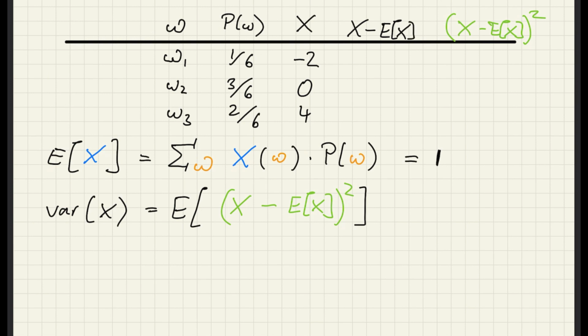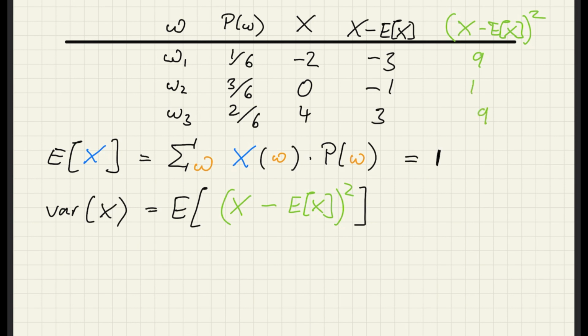For the first outcome, so we're in this row, x is minus 2 minus the expectation of 1, minus 2 minus 1, that's a minus 3. The next one will be 0 minus 1, which will be minus 1. 4 minus 1 will be a positive 3. And now to get the values of x minus expectation x squared, I just have to square this column here, and I get 9, 1, 9.